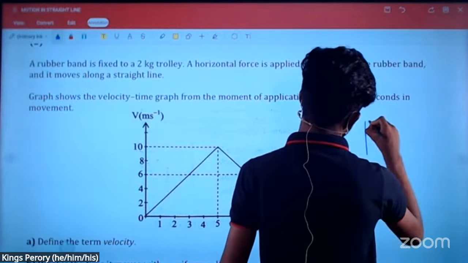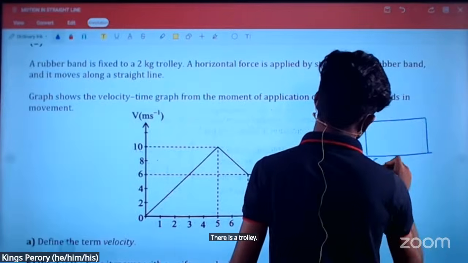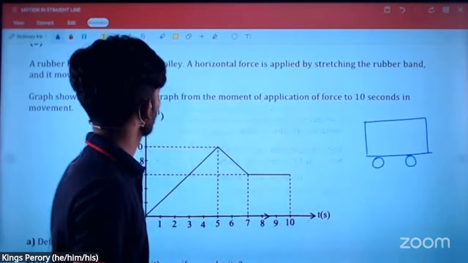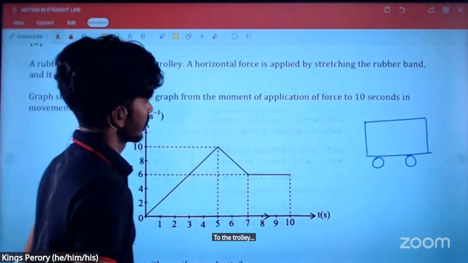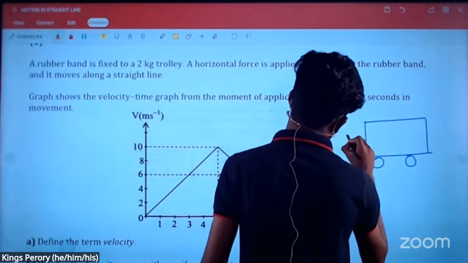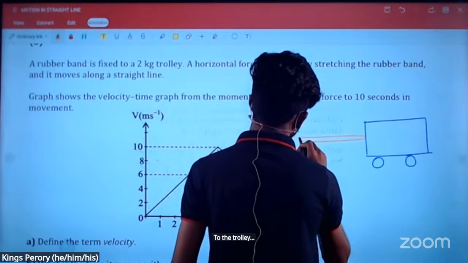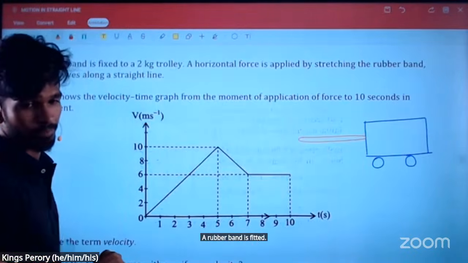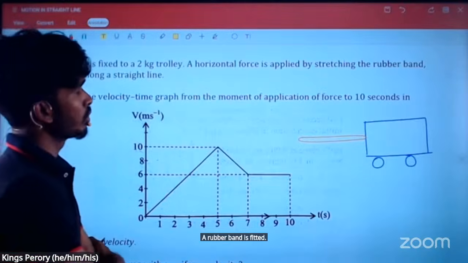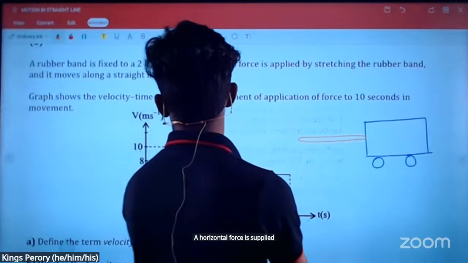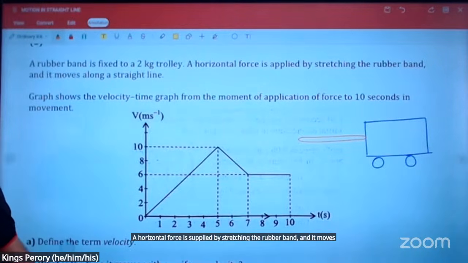There is a trolley, and to the trolley a rubber band is fitted. A horizontal force is applied by stretching the rubber band and it moves along a straight line.